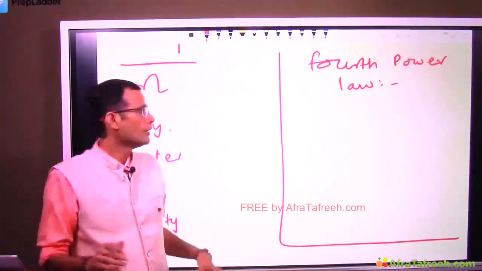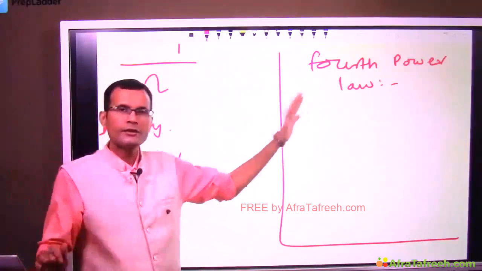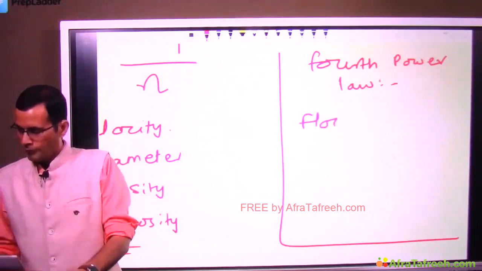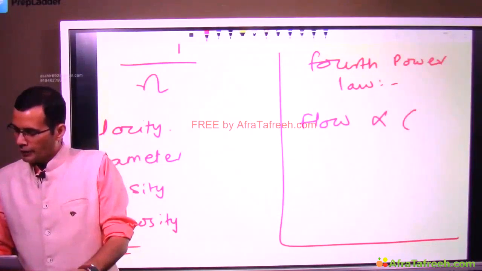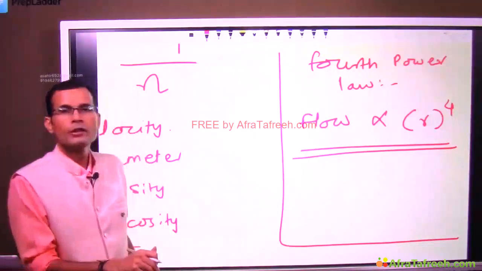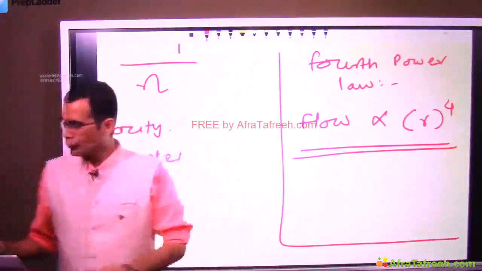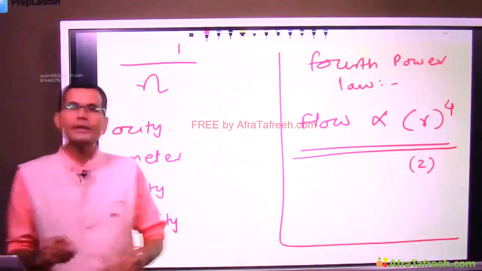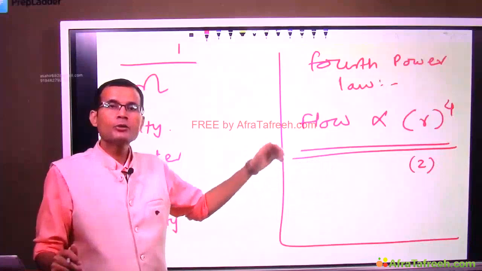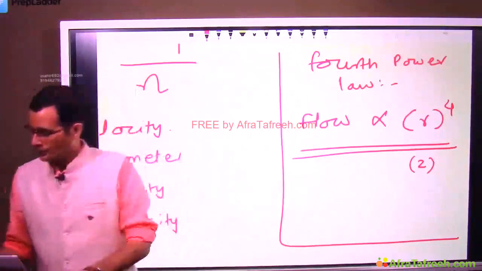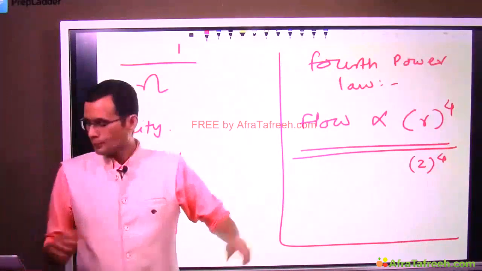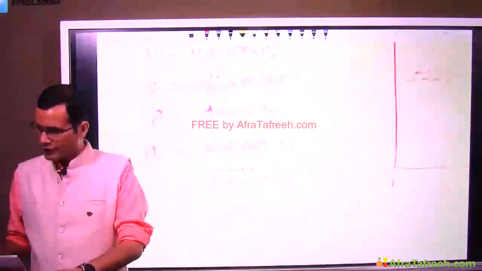The answer lies in this concept, the 4th power law: blood flow changes by the 4th power of the radius. So if the radius was doubled, blood flow will increase by 2 raised to 4, that is, 16 times. So please remember this also as an additional factor.